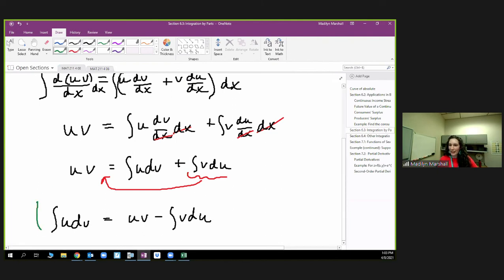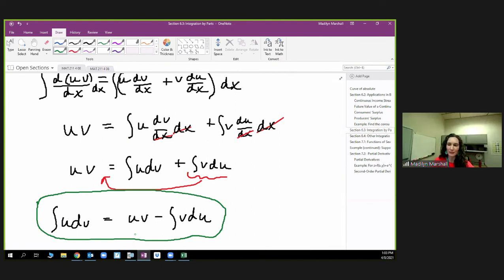And we have this nice little formula for doing integrals in which the integral we're trying to calculate, which is on the left side here, has one function multiplied with the derivative of another function. And if we have that particular format, we can use this rearranged version of the product rule to calculate it.